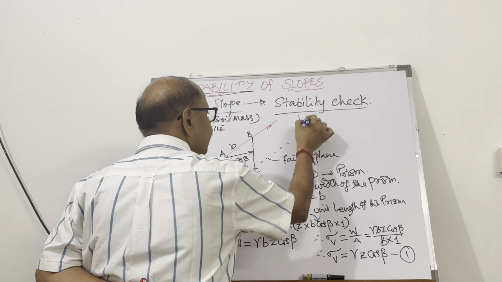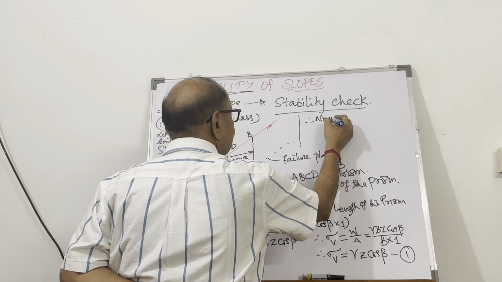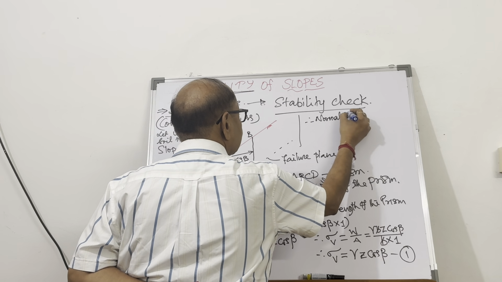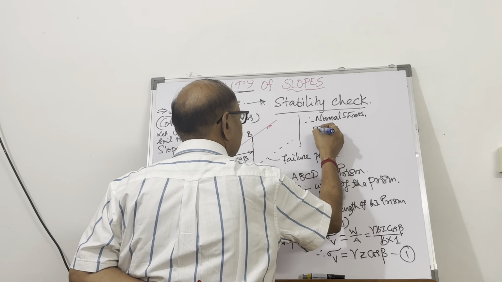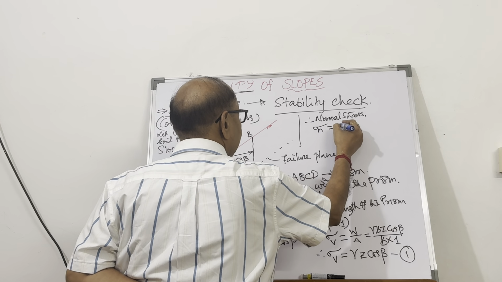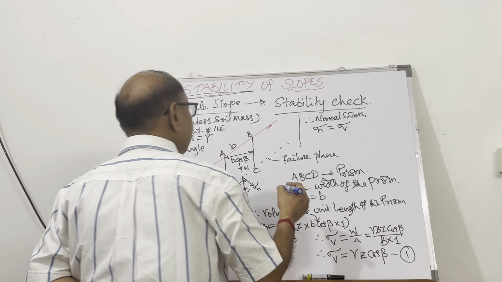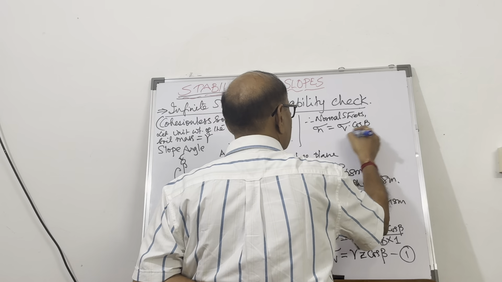So let us write, therefore, normal stress to the failure plane, sigma n, will be sigma v into cos beta.